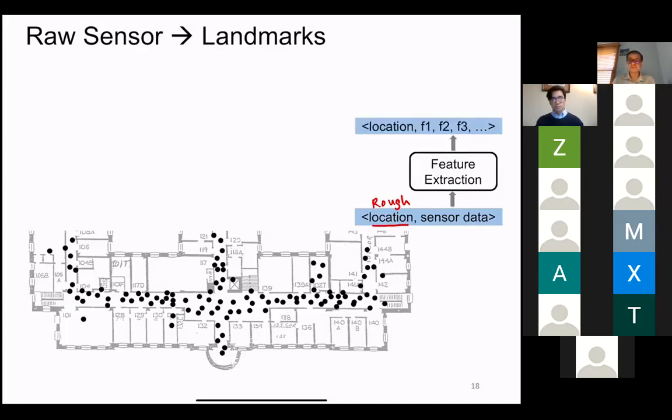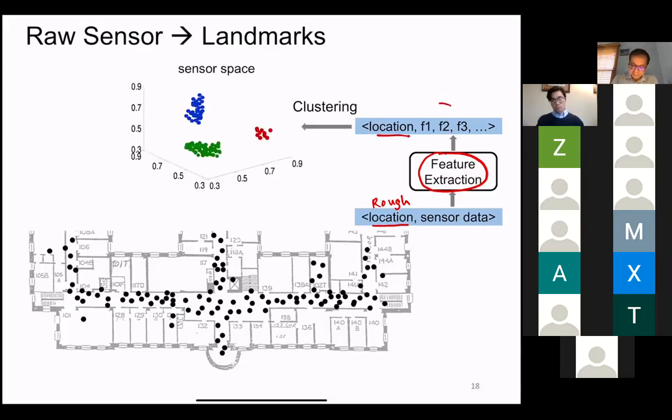Now you take this data and you do feature extraction. What is feature extraction? You compute the mean, you compute variance, you compute FFT, different frequency components of your data, you compute standard deviation, you compute skew, all kinds of statistical features of that data. And you still have the location.